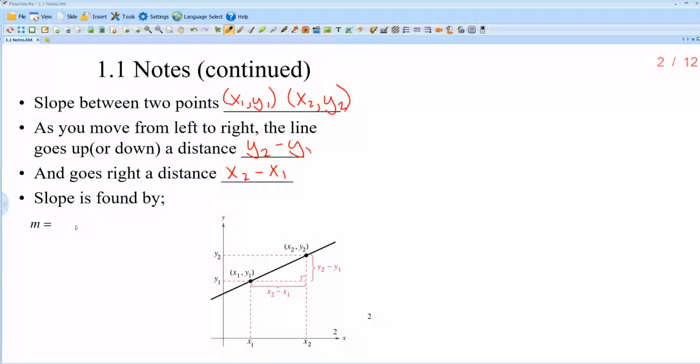So slope then is found by doing y2 minus y1 over x2 minus x1, which is really, again, just the change in y over the change in x. If you need to take a moment to draw in that little picture, feel free, pause it if you need to.